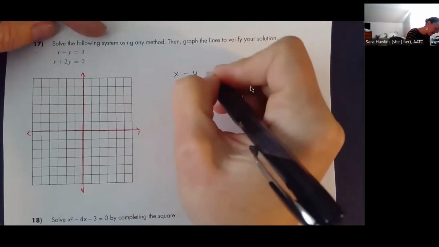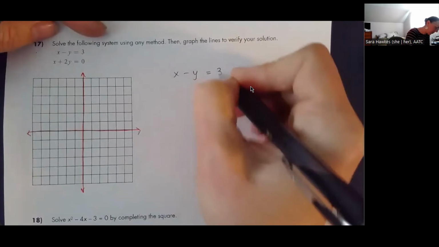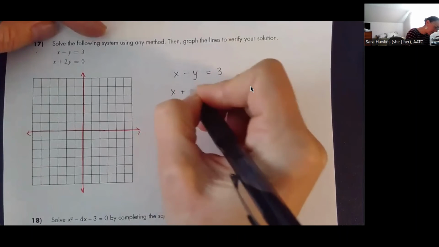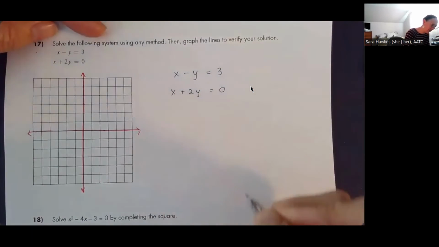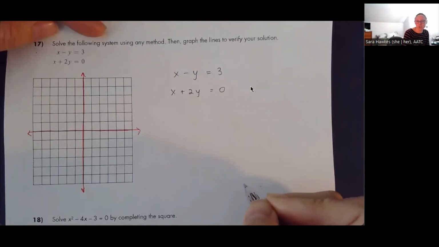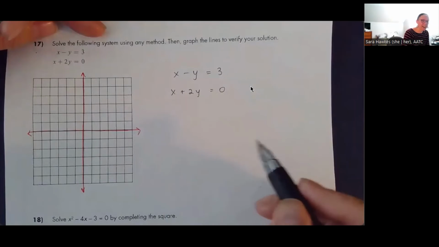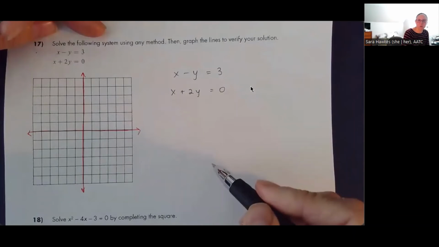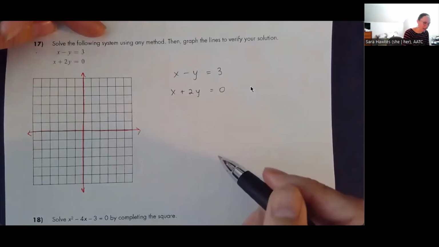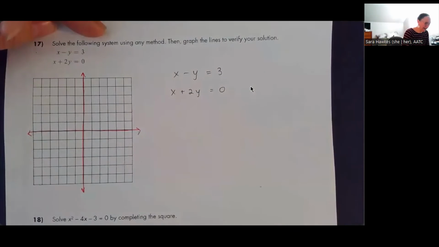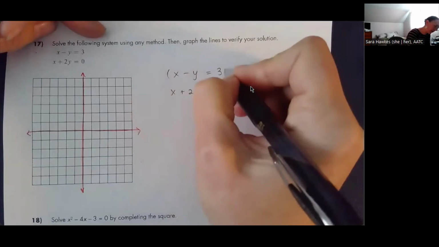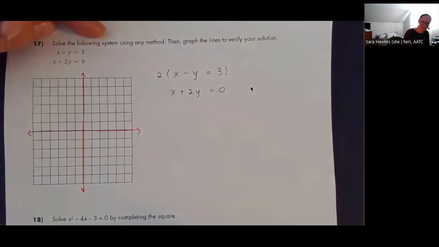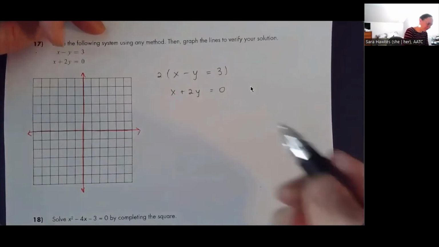So I've got x minus y is equal to 3, and x plus 2y is equal to 0. Now, I'm going to choose to use the elimination method, which means I either want to get my x's to cancel out or my y's to cancel out. Either one is fine. I just saw this as multiplying the top by 2 would make my y's cancel out when I added. So that's the route that I wanted to take.